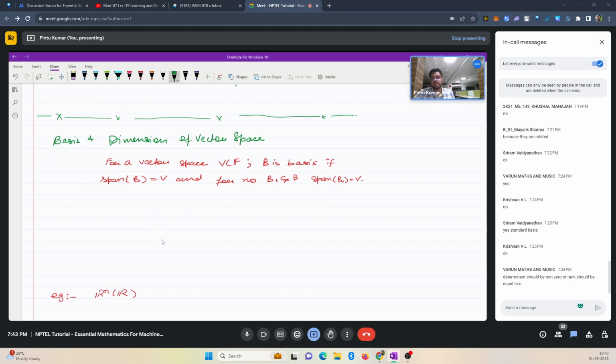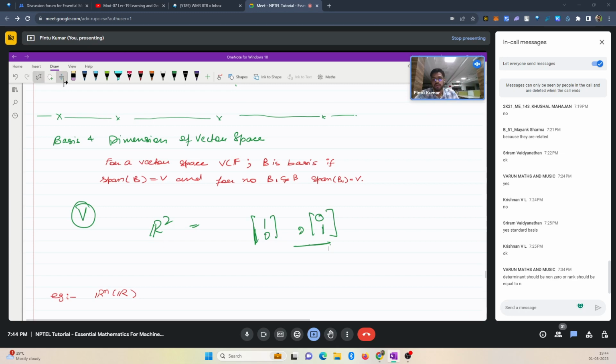Let's say you have a vector space V. Then you can have a set whose linear combinations can generate the complete V. For example, let's say you have R2. If you take two vectors, 1 comma 0 and 0 comma 1, then by linear combinations of these two vectors you can generate all of R2.